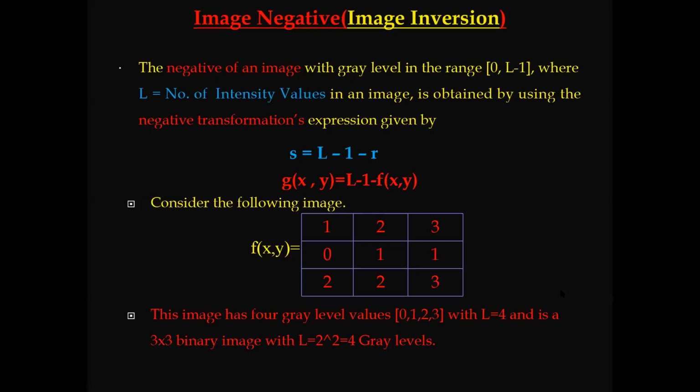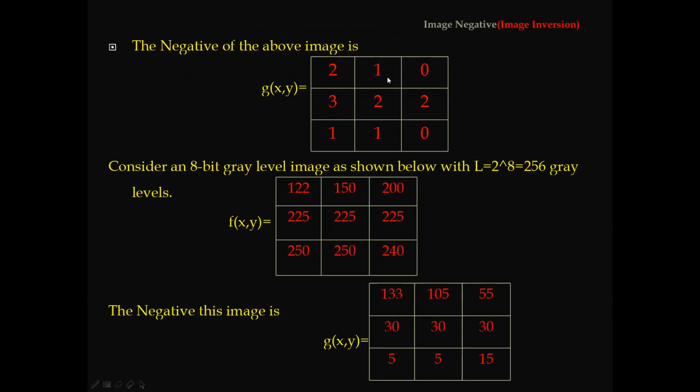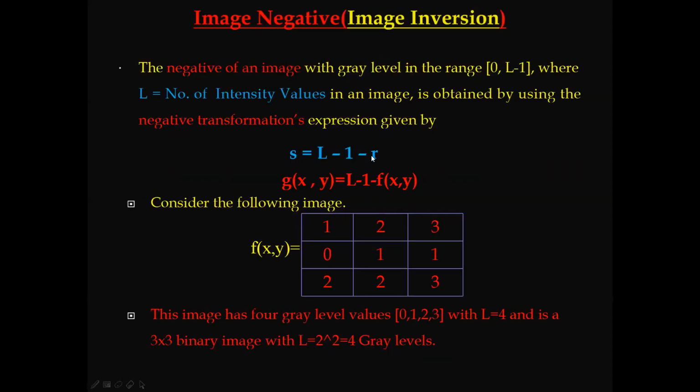Now the first row, second element: in the input image it is small r, which is 2. Capital L is 4, minus 1, minus small r value 2. So 4 minus 1 minus 2 will be 1. So the second element will be 1. For example, let us calculate the second row, first element. In the second row, first element, the r value is 0.